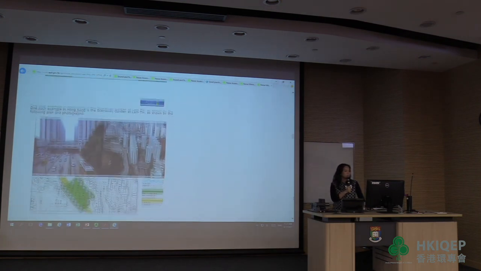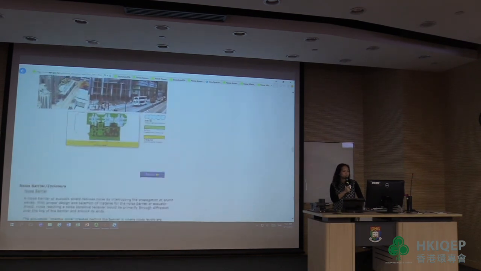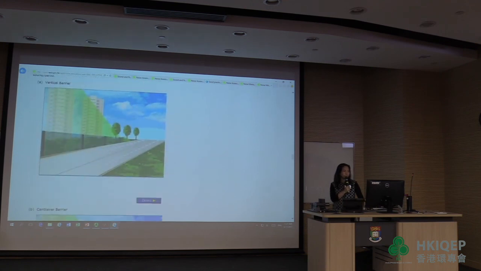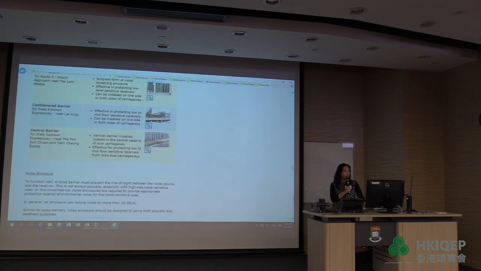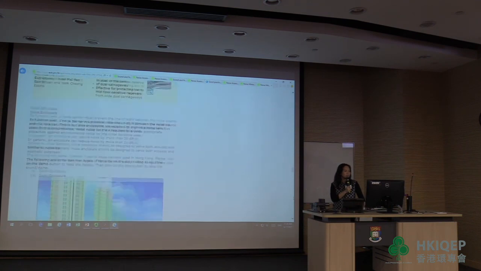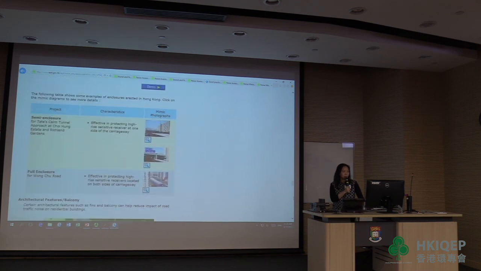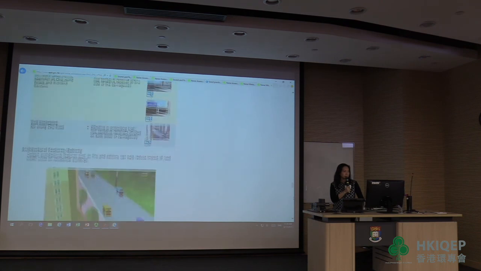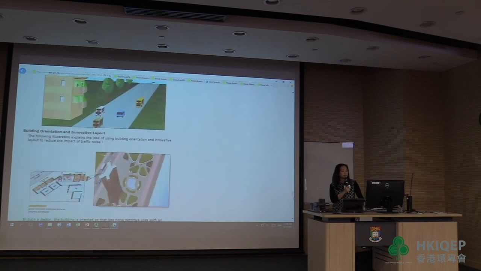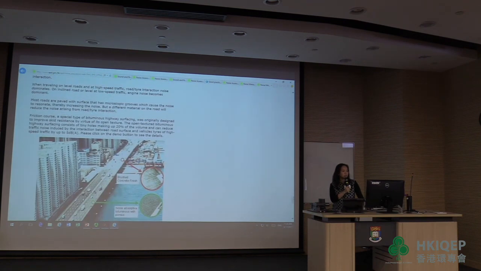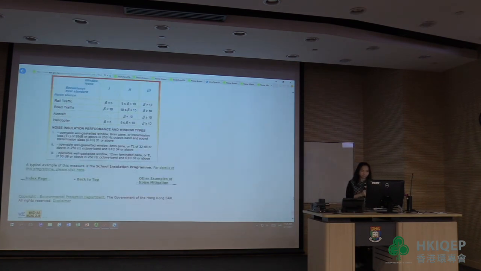And also this is a podium, using a podium as a screening feature. Noise barrier or enclosure to reduce noise from highways, and the noise enclosure. So it also includes some examples here: architectural features like balconies, architectural fins, as well as building orientation or low-noise surfacing, acoustic insulation of receiver.